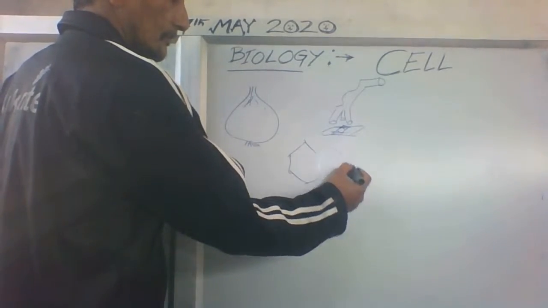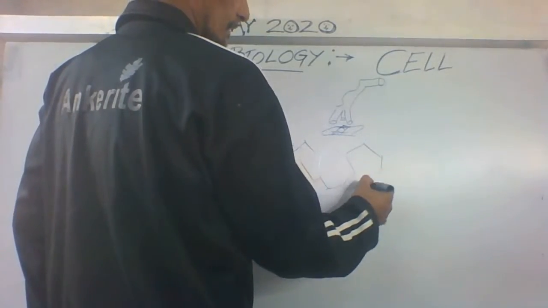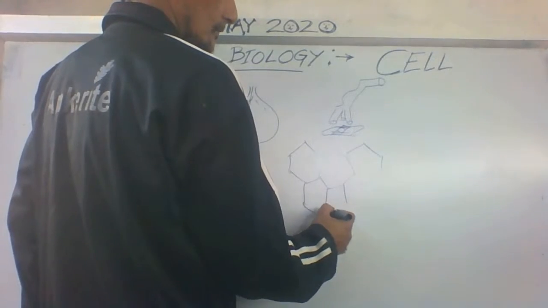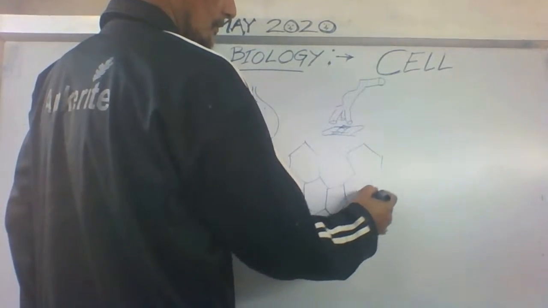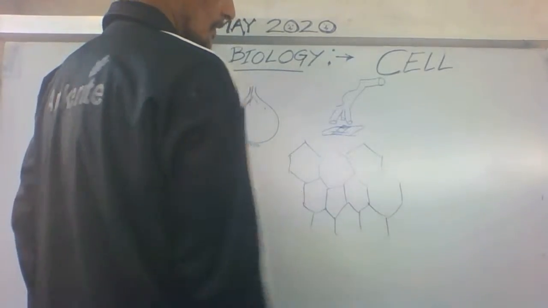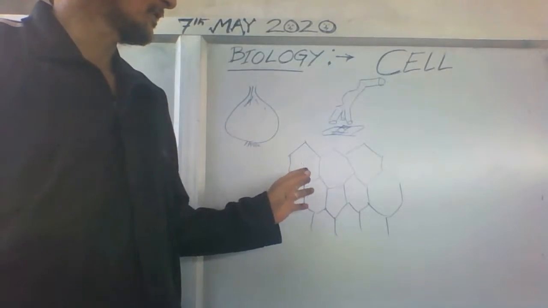hexagonal structures. They may be of regular shapes or they may be of irregular shapes. All the hexagonal structures, this single unit is known as a cell.